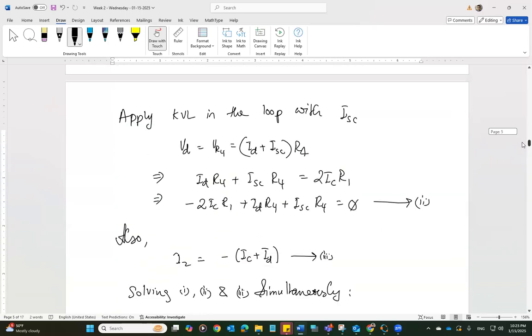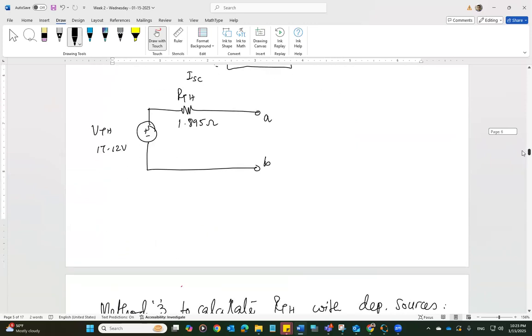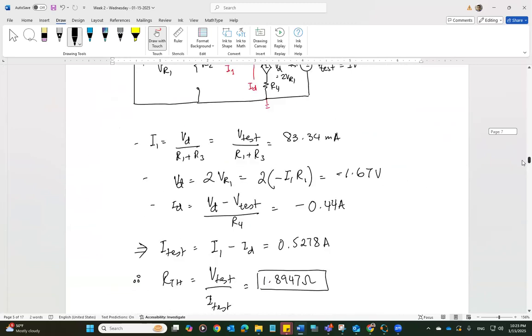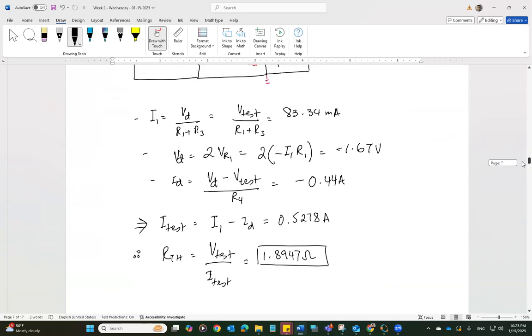And based on that, we can just go for that method. If I have to choose between method 2 or method 3, I will choose method 3 because it is going to be much easier just by analyzing the circuit and eliminating the independent current sources and voltage sources.